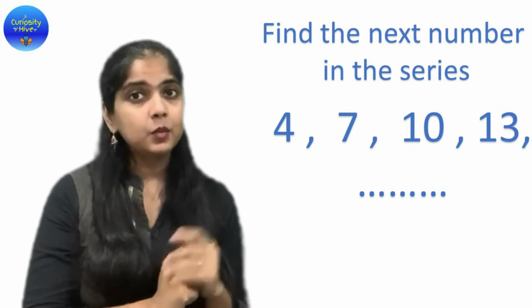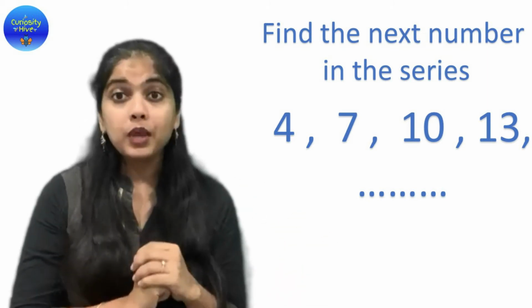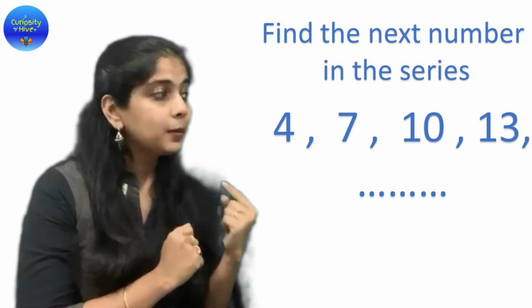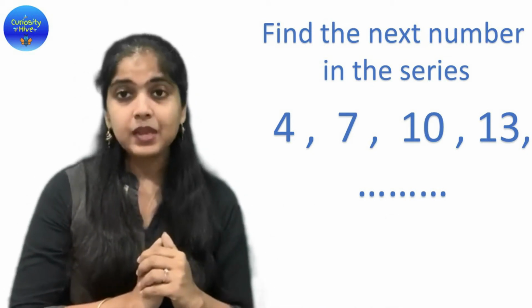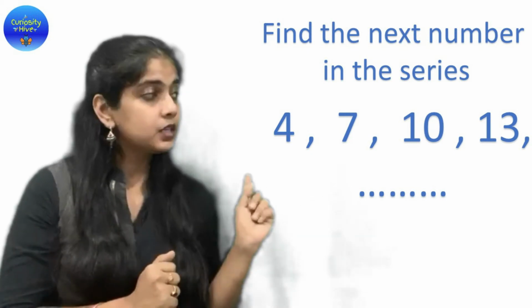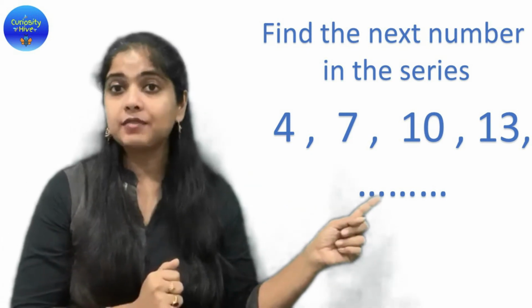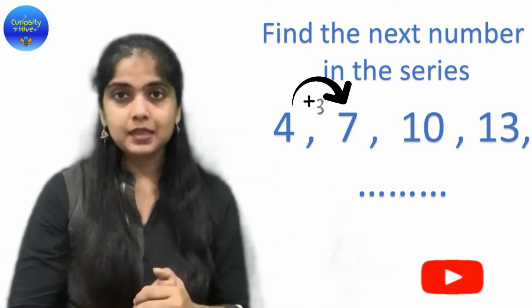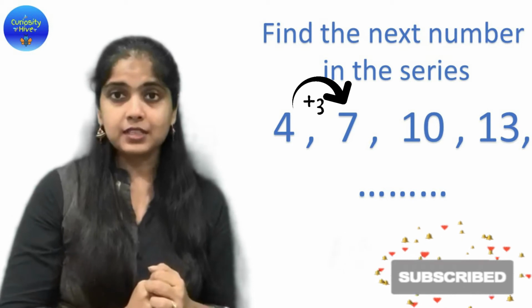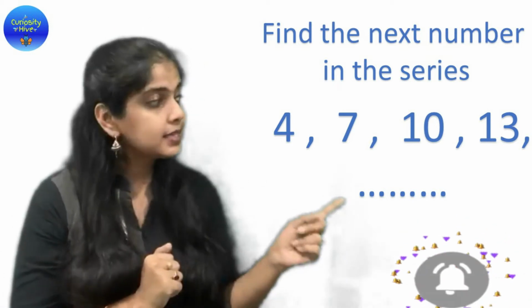Now in this set we have some numbers. We need to get the rule that creates this series. The given number is 4 and the next number is 7. So between 4 and 7 there are 3 steps. Let's go to the next number after 7. Well, after 7, it is 10.